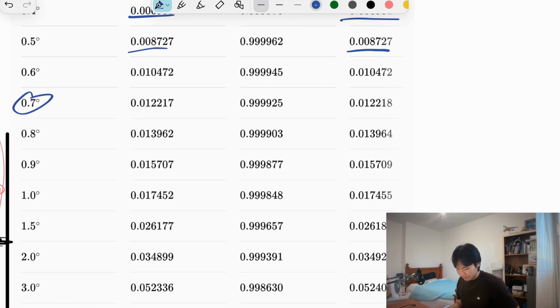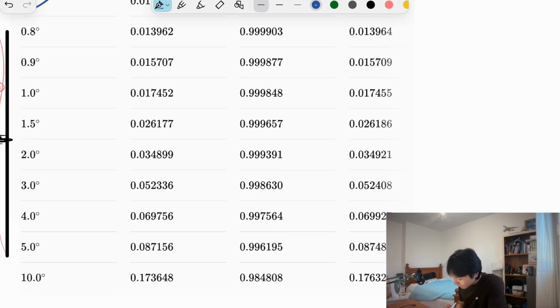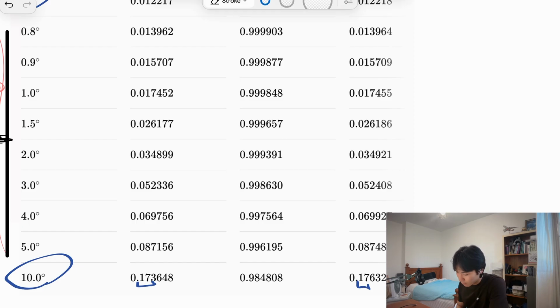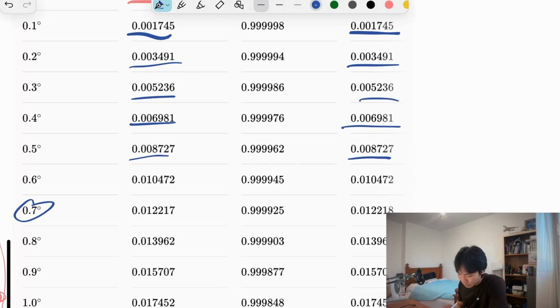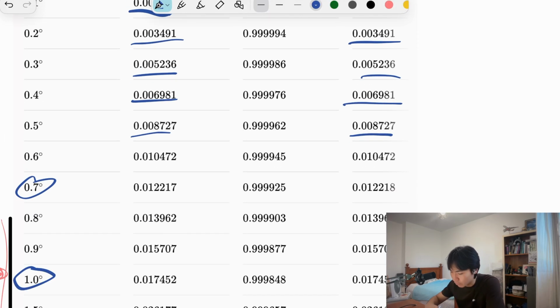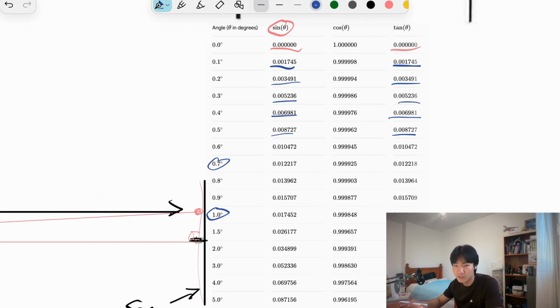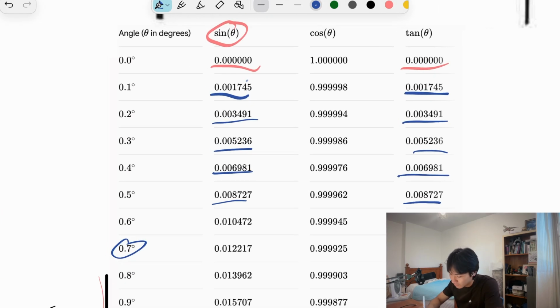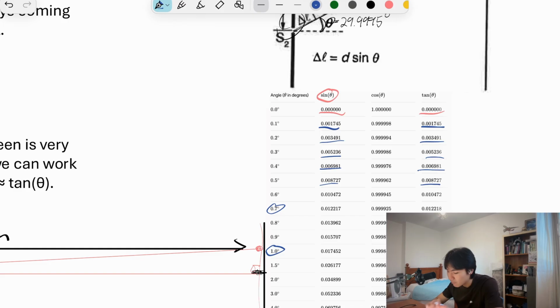Even for 10 degrees they're similar within two significant figures. So for angles smaller than 1 degree, they're accurate within four or more significant figures, because here we're just displaying four, but in reality they could be equal to more significant figures.